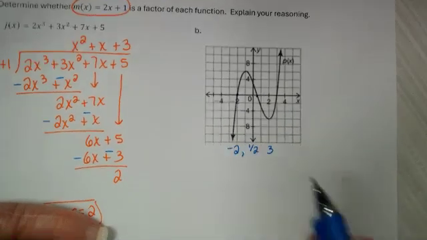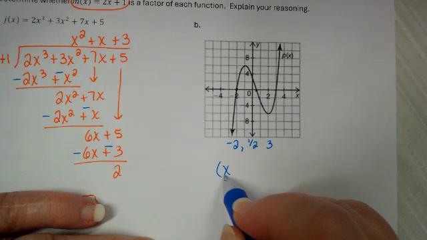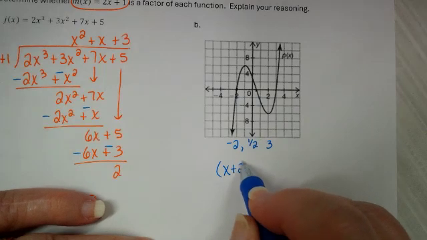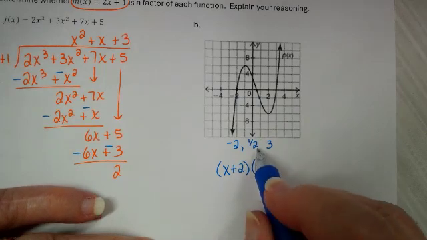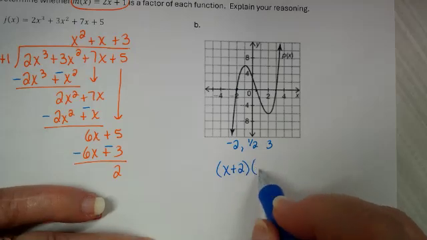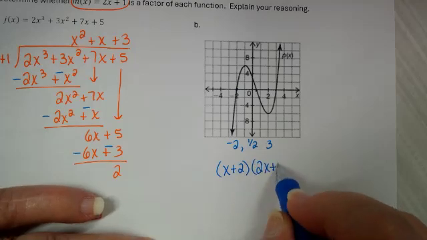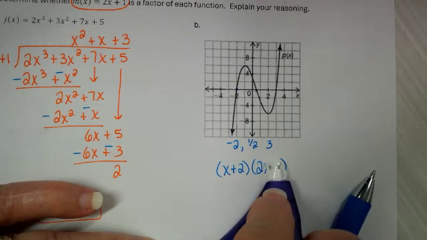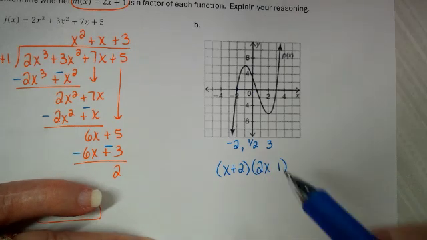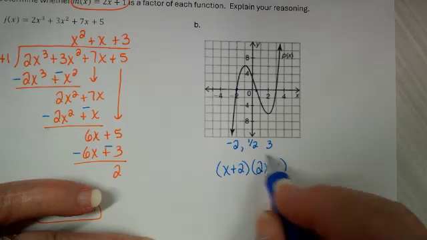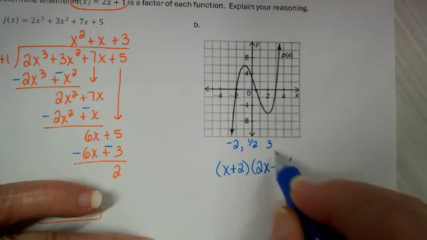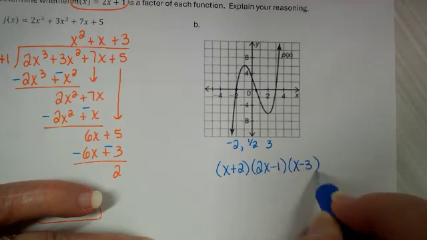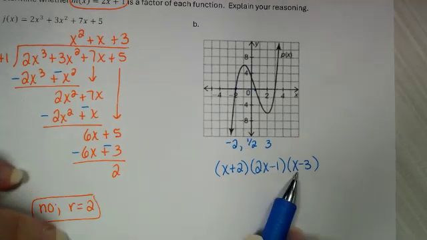So if I were to write those as factors, this would be x plus 2. I'm going to blow your mind here. 1/2 is actually from 2x minus 1. Because if I set 2x minus 1 equal to 0, I would get 1/2. And the 3 comes from a factor of x minus 3.